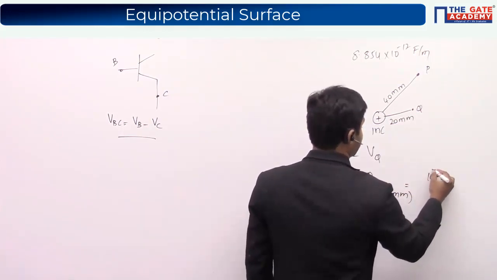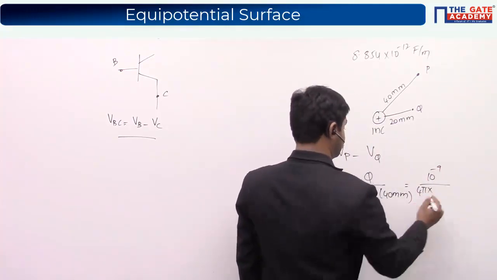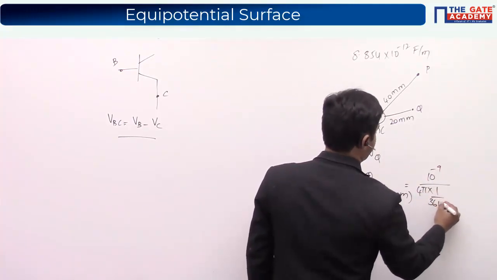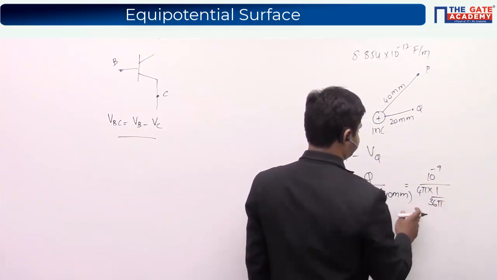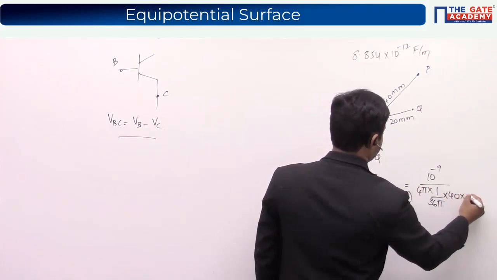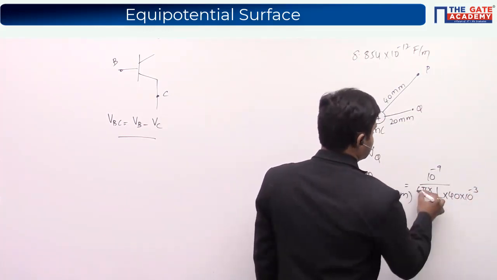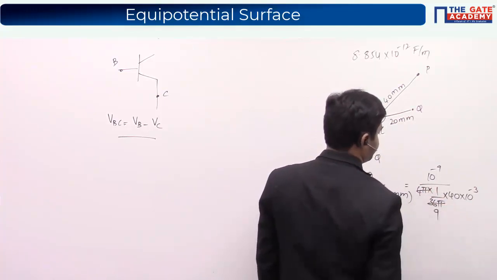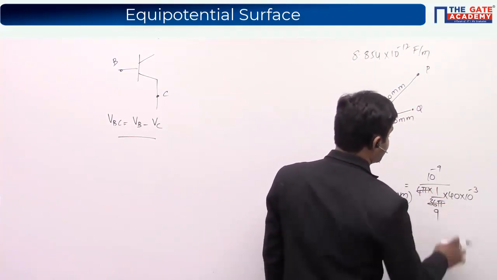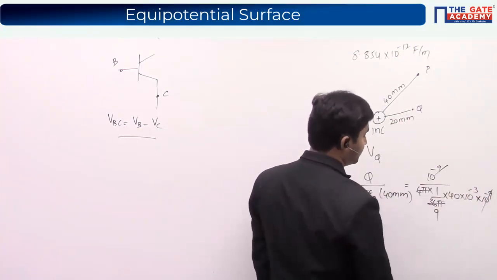It is 10 power minus 9 divided by 4 pi, here it is 1 by 36 pi, into 40 into 10 power minus 3. So this is 9 times, of course 10 power minus 9, I had missed it out. The 10 power minus 9 should be there, it will get cancelled out over here.